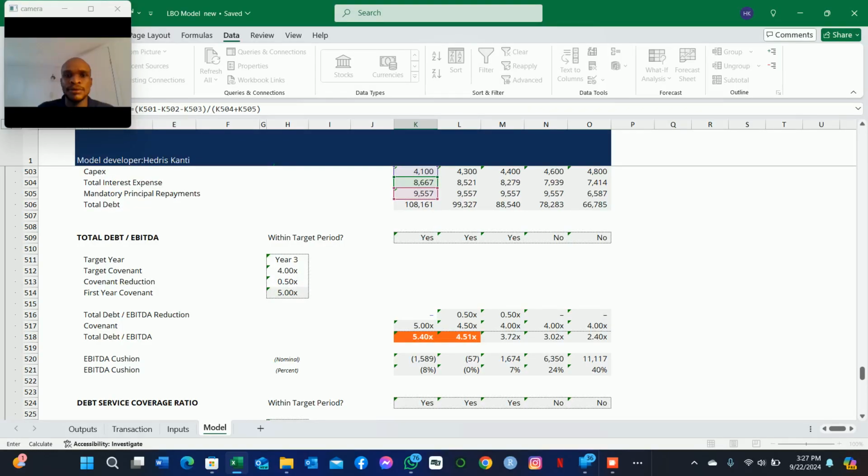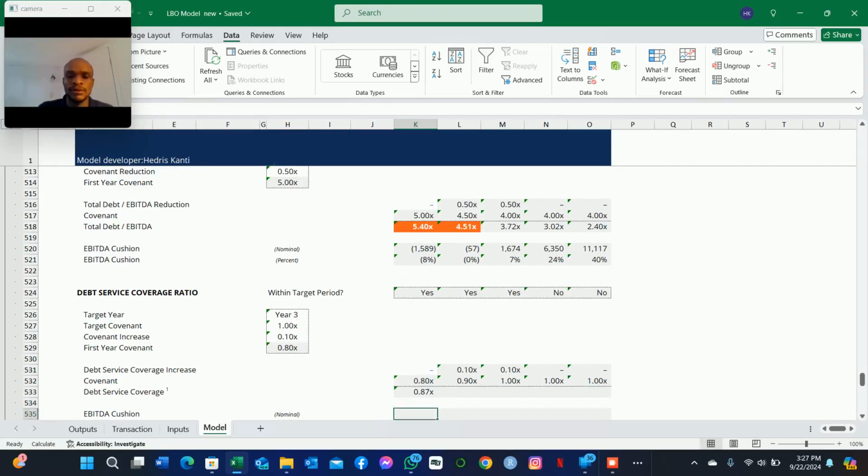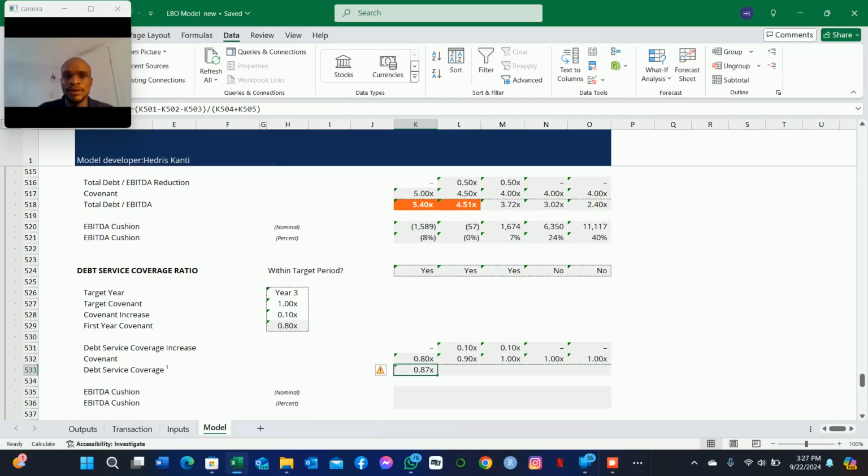So we see what happens to this covenant. We can see that in the first year they are not within the covenant. But as you can see, by year 3 they are able to cover their principal and interest as they grow cash flow and the company becomes profitable in the future.